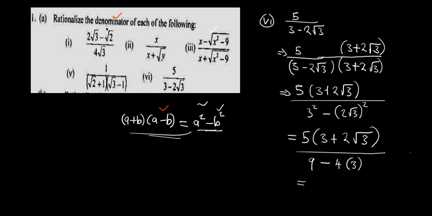So this will give us 5 open bracket 3 plus 2 root 3, over 9 minus 12, that will give us negative 3. So this is how you should solve this one. So we are done with the denominator. That's how you can do the denominators. Now we go to something else, numerators, but make sure that you copy this.